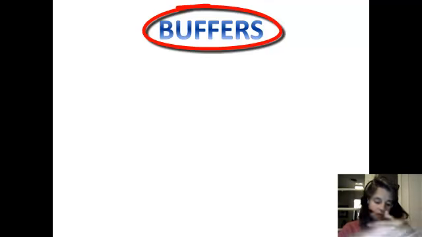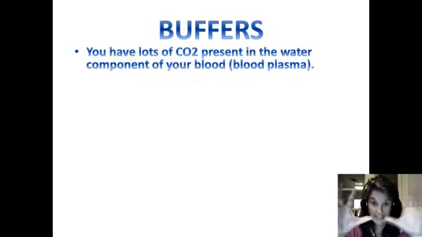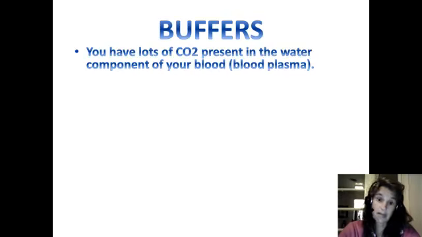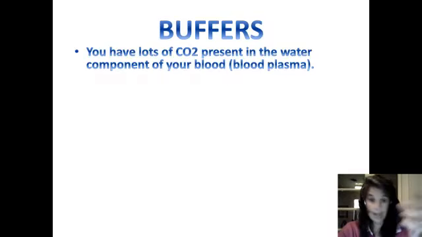In your bloodstream is a lot of CO2. Okay? Why? Well, as we'll learn exactly why later in the year, but right now everybody knows you breathe in oxygen, and you exhale carbon dioxide. Your body is taking that oxygen, using it, and spitting out CO2 as a waste product.